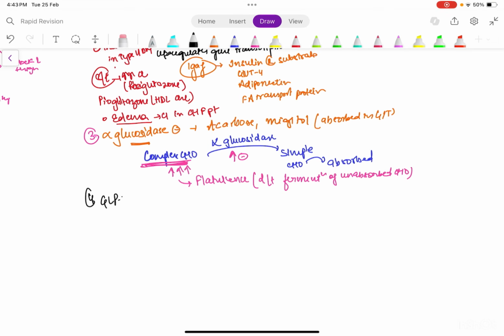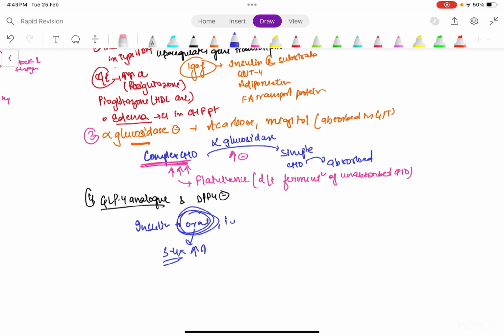Then coming on to the fourth one, which is GLP-1 analogs and DPP-4 inhibitors. Now this is a small story. When insulin was given orally versus IV, when it was given orally there was a 3-4 times greater increase in insulin. So they thought, why not give it from IV.